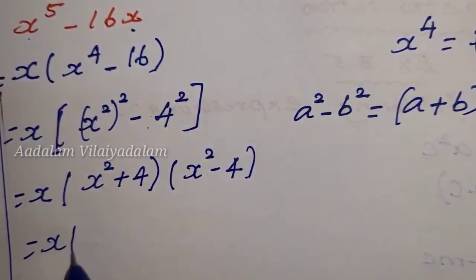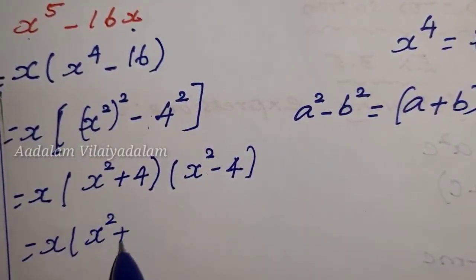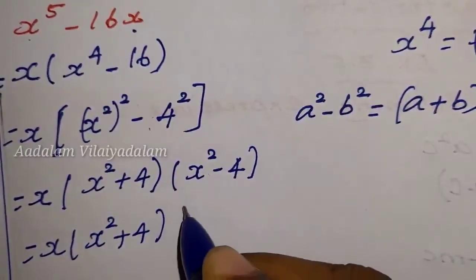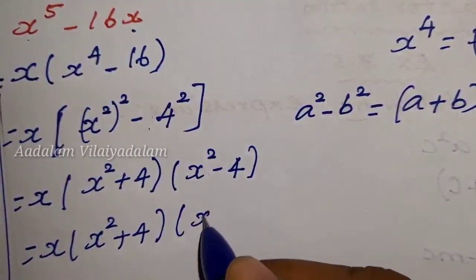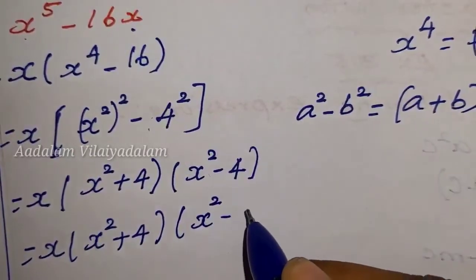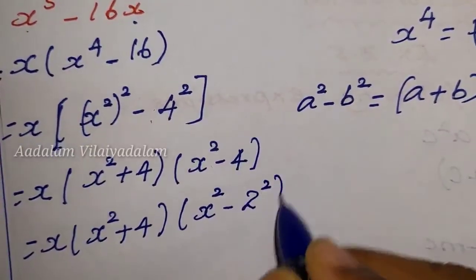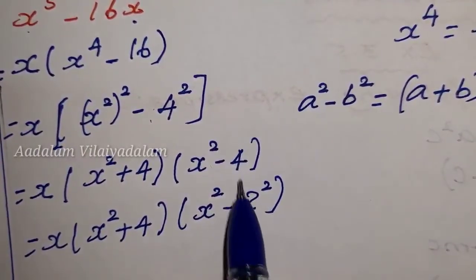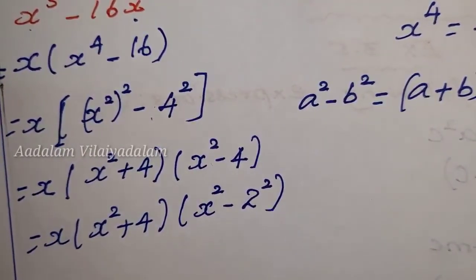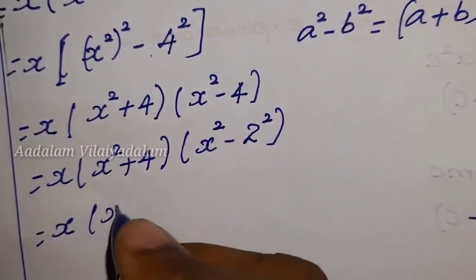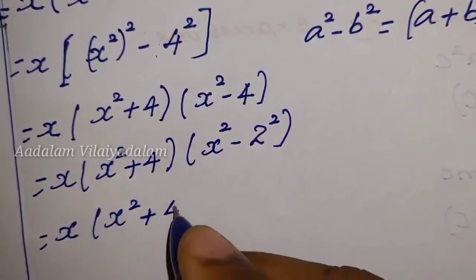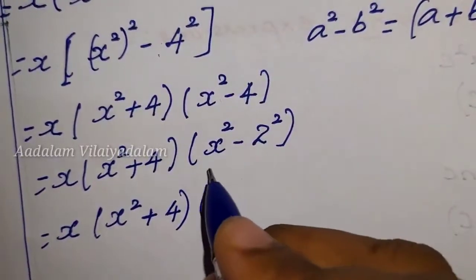Now x into x square plus 4. Here also again we replace 4 in terms of square, that is x square minus 2 square. So 4 can be written as 2 square. So x into x square plus 4, again we apply the formula.